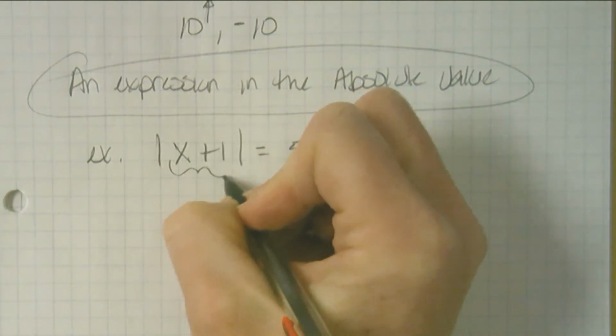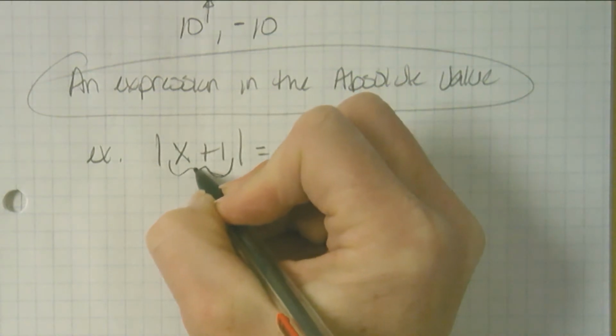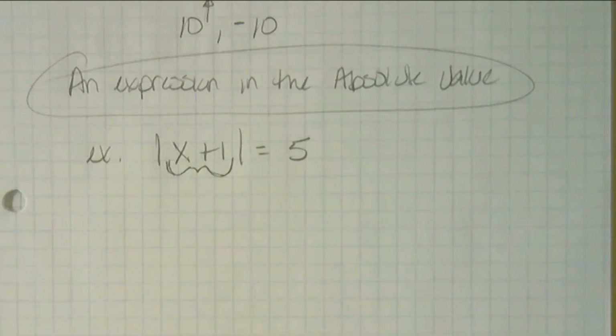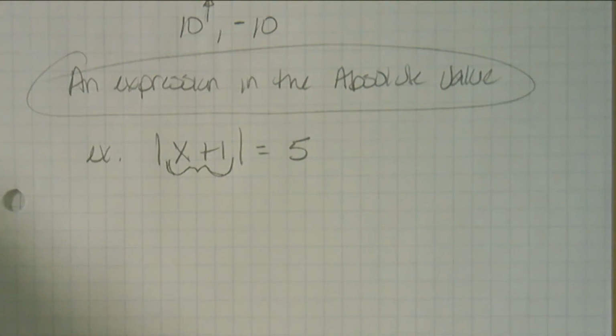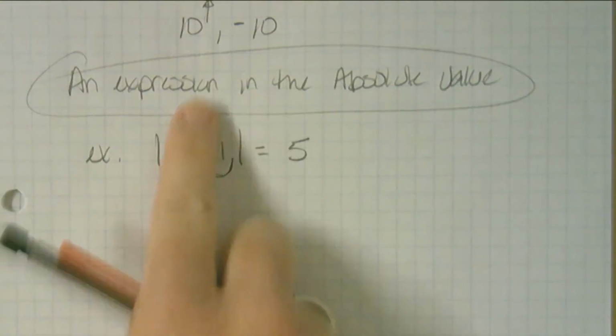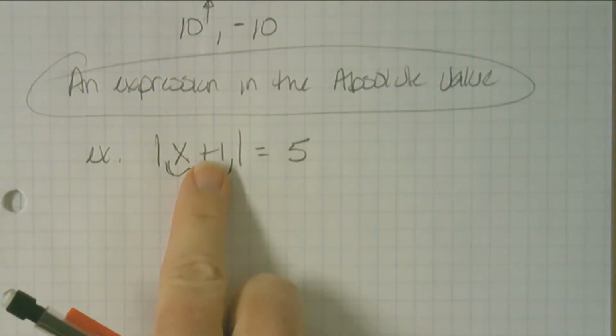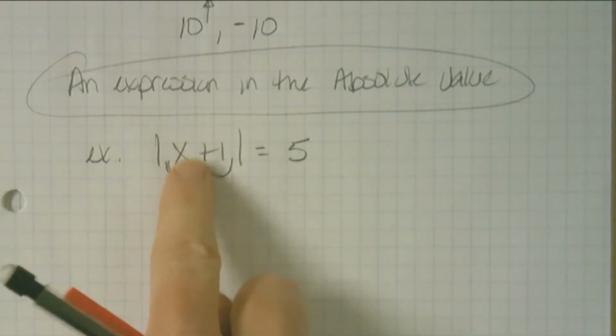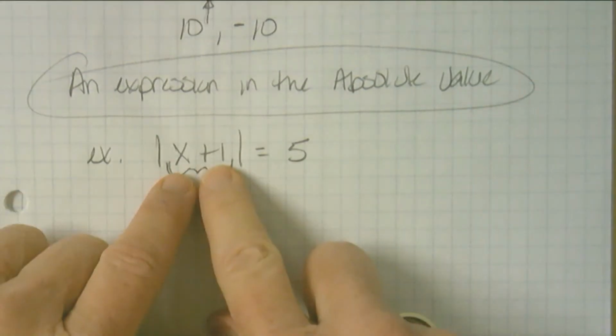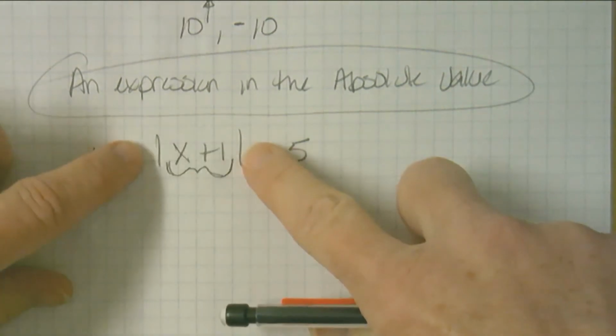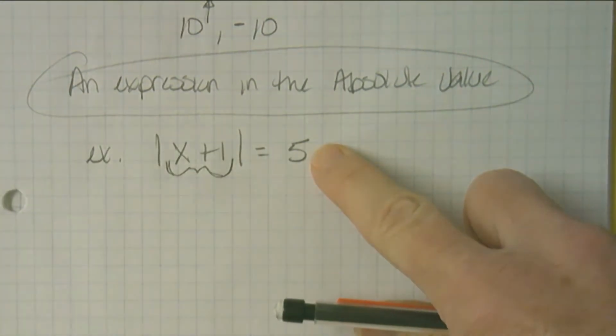This x plus 1 has two possibilities. For us to get whatever this math is in here, what does this addition have to be so that when I take the absolute value of it, I get a 5?